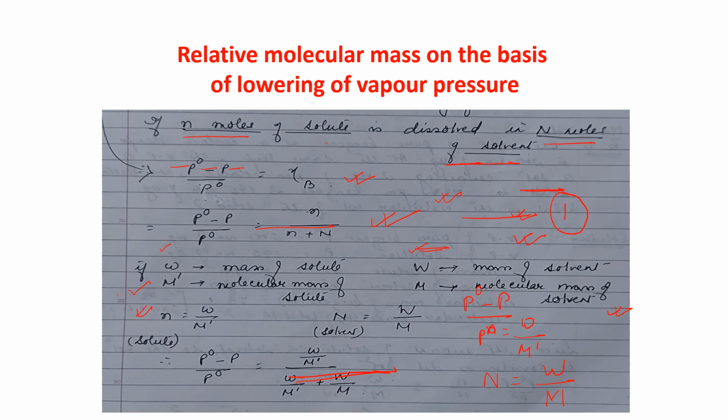Suppose this is equation number 1. Just replace n and N values in terms of w and M in equation number 1. Then we get this formula.